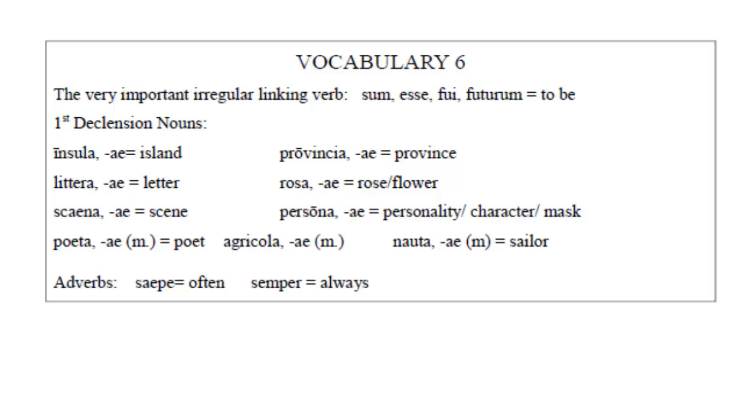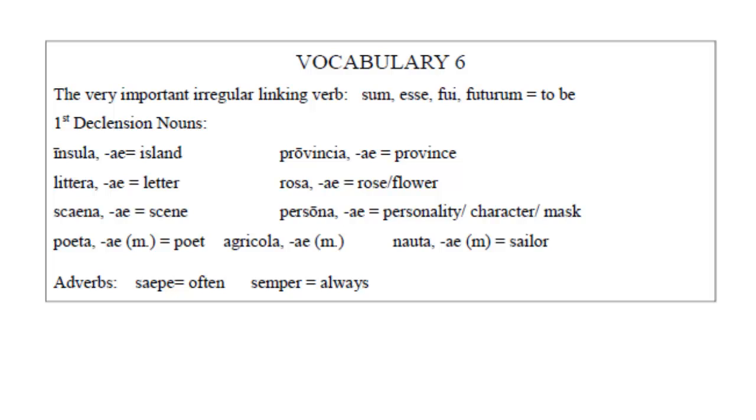Poeta, agricola, and nauta are your 3 words from the first declension that are actually masculine. So almost all other first declension nouns are considered feminine, but these 3 words are irregular and considered masculine, even though they use the feminine a endings.